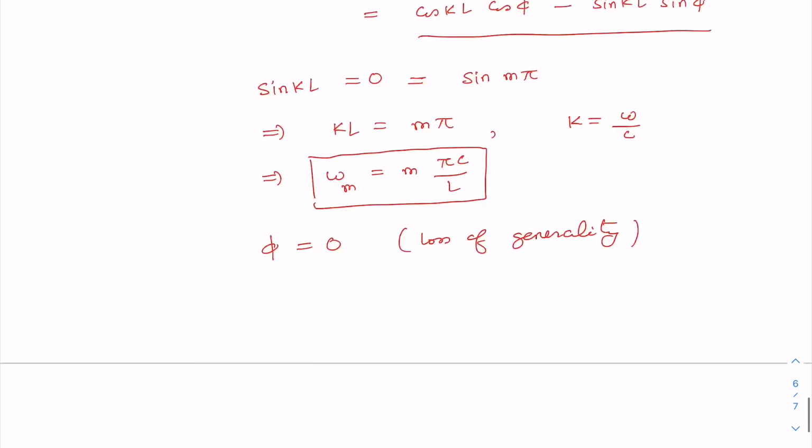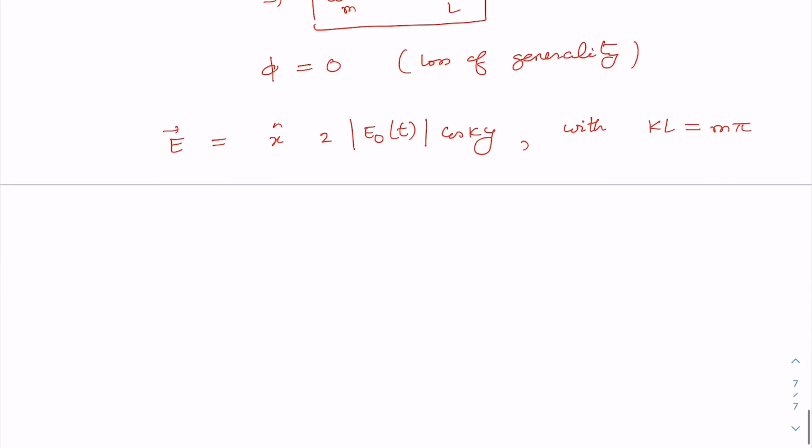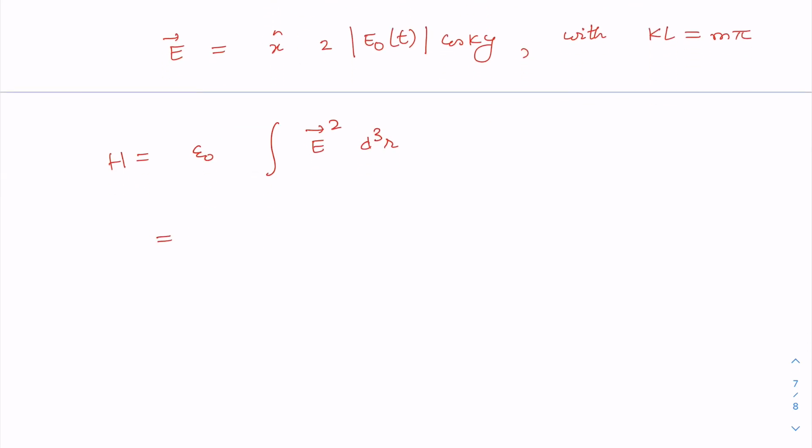So if I take that, then the electric field expression I can write as E equal to x-hat times 2|E0(t)| cos ky. Of course, now we have the condition kL equal to m pi, where m is an integer, m equal to 1, 2, 3, and so on. Now let us evaluate the integral. H is equal to epsilon 0 times the integral of E^2 d^3r. This is a volume integral, so let me open it up.